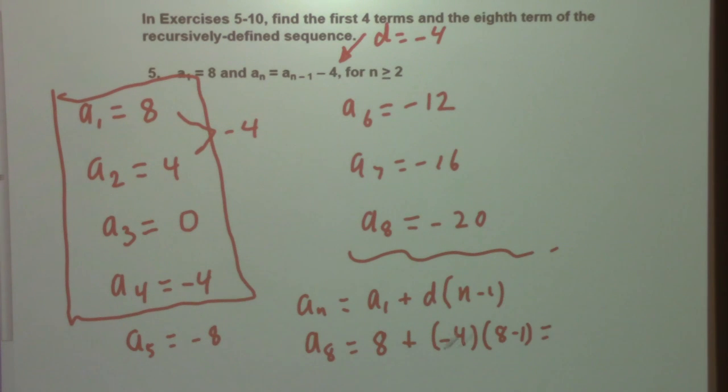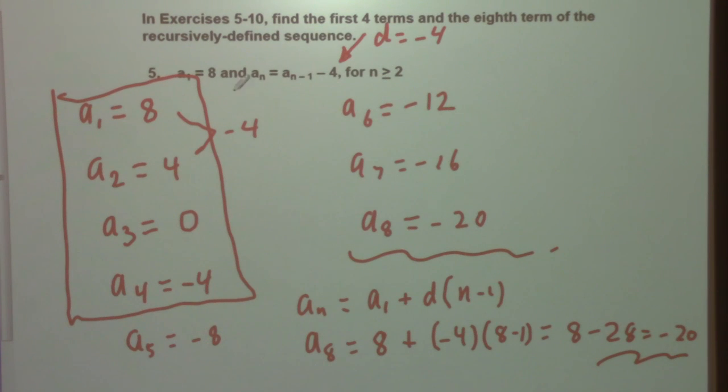So this gives you negative 4 times 7, so it's 8 minus 28, which is negative 20. Where this becomes helpful is when you have real large numbers, because you can just use that formula to get to a term in an arithmetic sequence. Does that make sense? Okay.